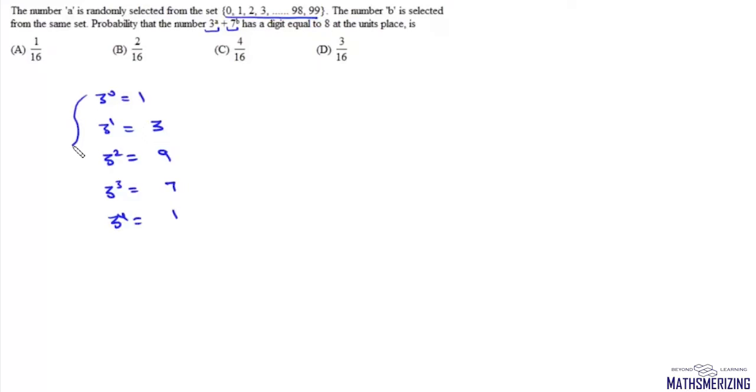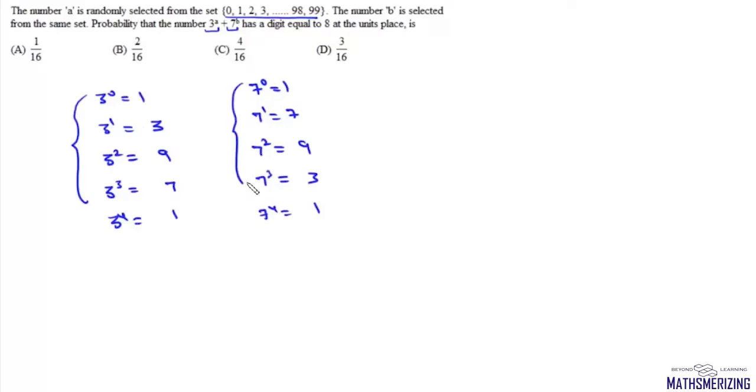So these values are going to repeat after every 4 powers. Then the same way we look at powers of 7. 7 to the power 0 is 1, 7 to the power 1 is 7, 7 square has 9 in the units place, 7 cube has 3, and 7 to the power 4 has 1. Again we'll have these values repeated after every 4 powers.